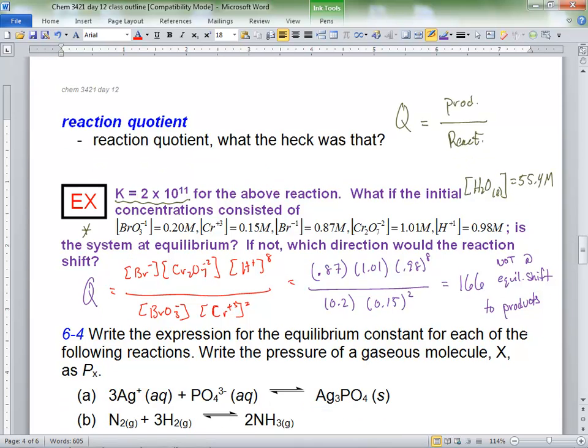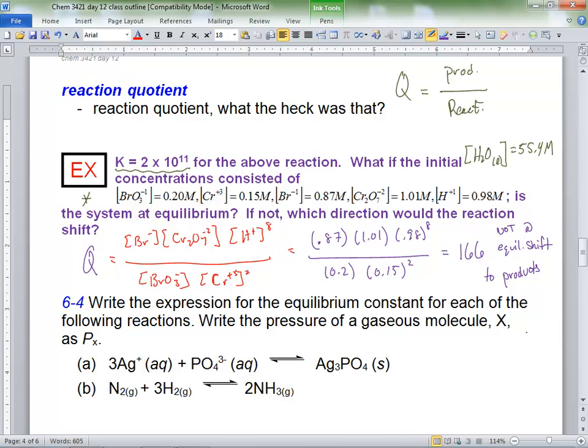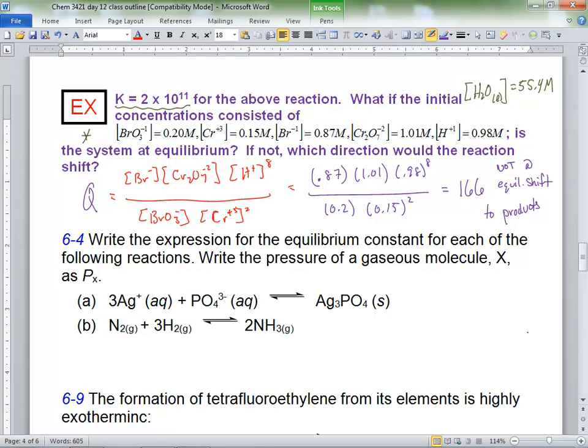Okay. Let's write some. So go ahead and write the equilibrium constant expression for A and B there.